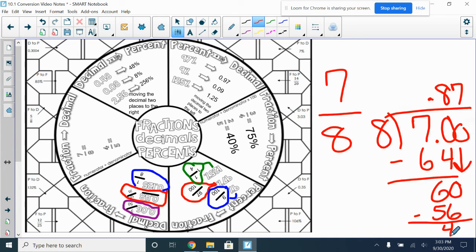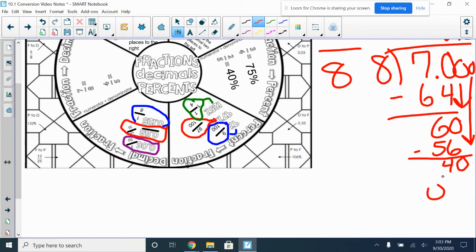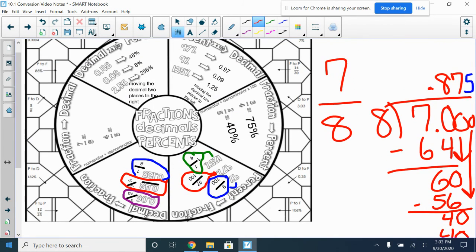And I'm going to bring down one more 0. And 8 goes into 40 5 times. And 40 minus 40 is 0. So we're done. So I have 0.875.